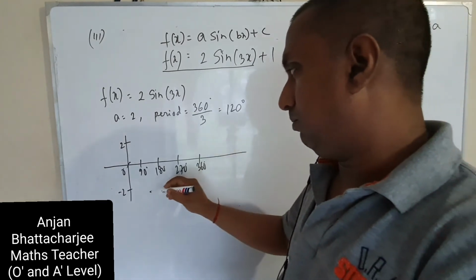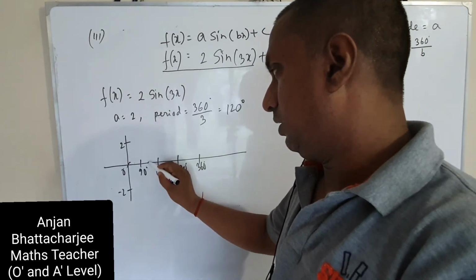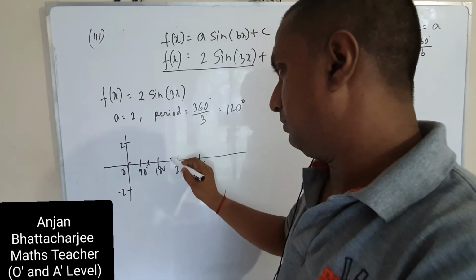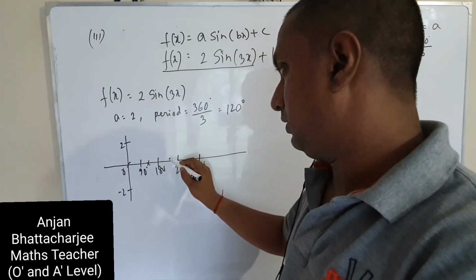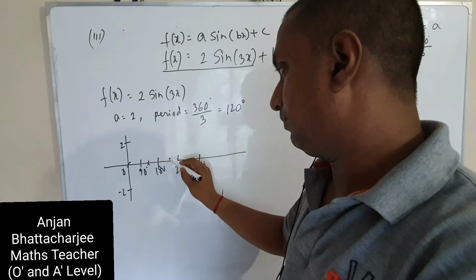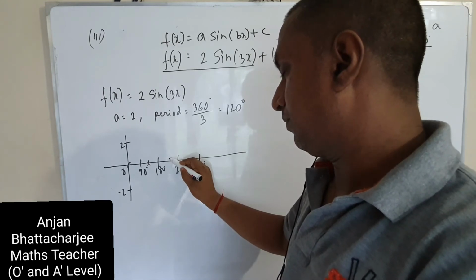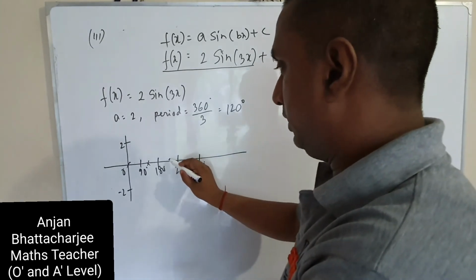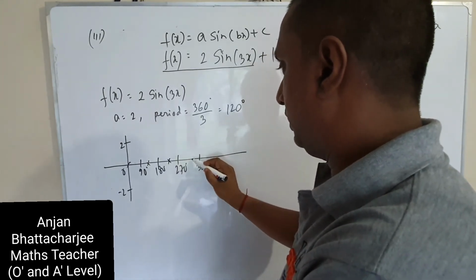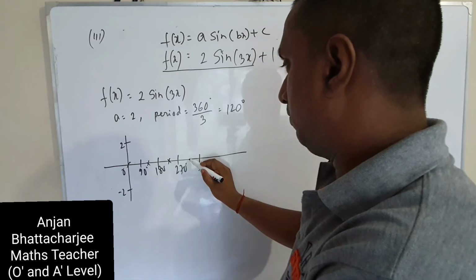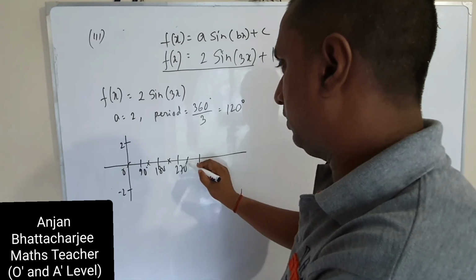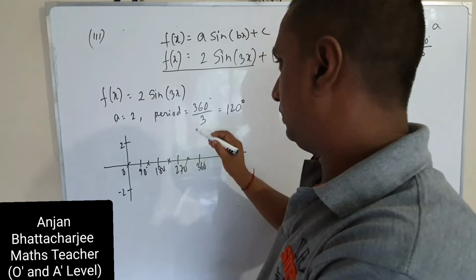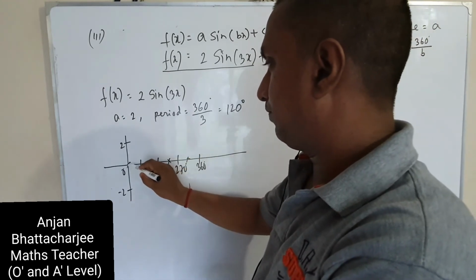First 120, maybe it will be here, then maybe it will be here. 120, that is 240, it will be here. There will be total 3 cycles.